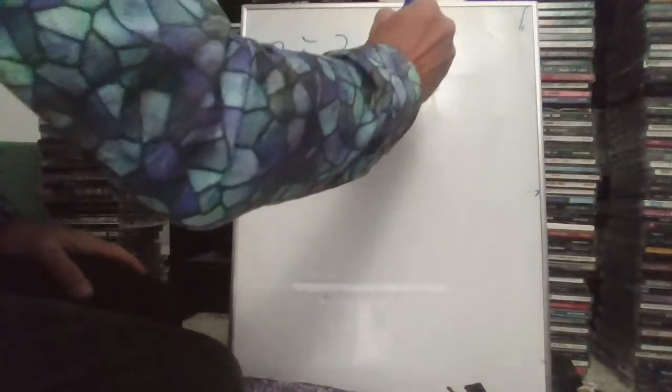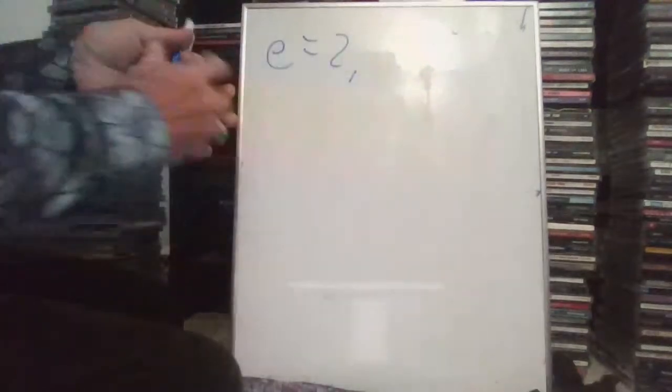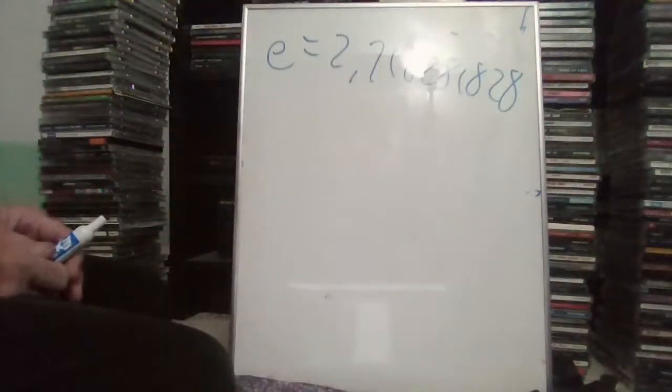You find out that e equals 2.718281828, and it goes on, but doesn't repeat that anymore. Okay, fair enough.